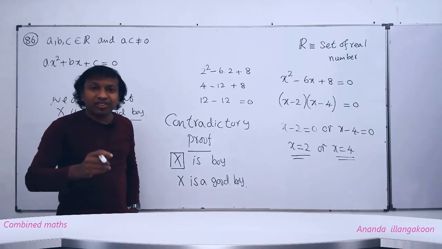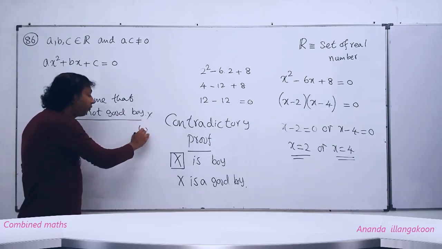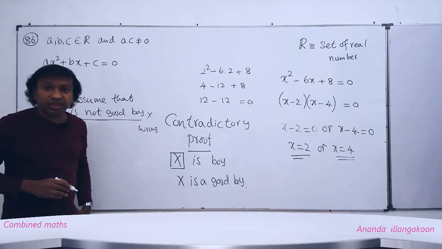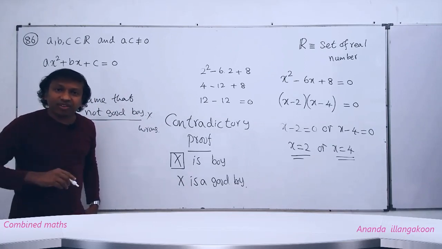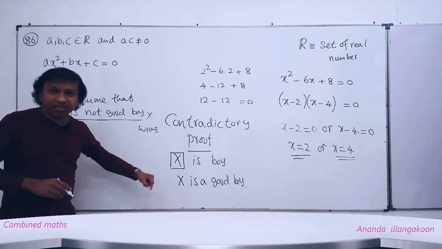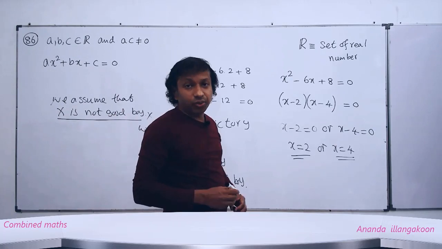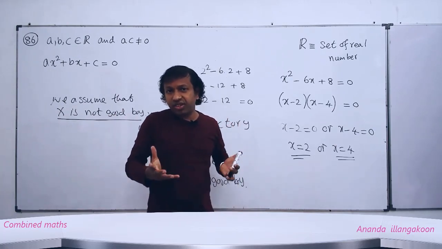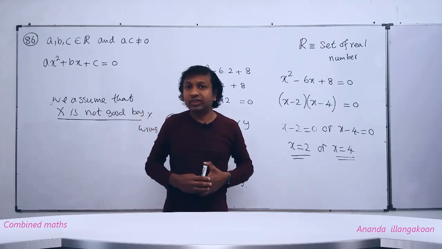Then you can very clearly see this assumption should be wrong. If the assumption is wrong, people, what is the correct one? X is a good boy. So that kind of proof is known as contradictory proof. We use this contradictory proof very often in some cases in proving A-level mathematics.